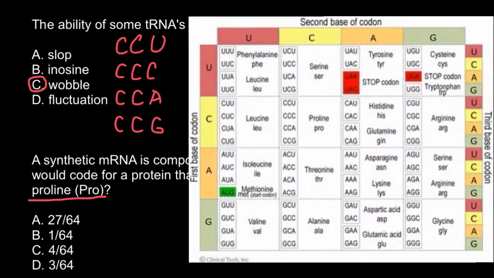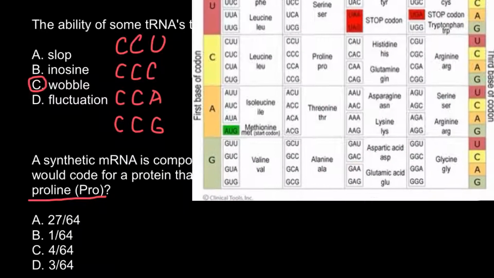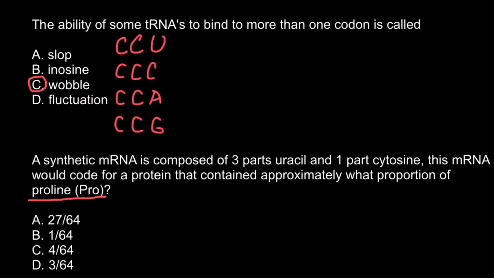So we don't need this table anymore, and we can now work with the information that we got. According to our problem, we have only 2 kinds of bases: 3 parts uracil and 1 part cytosine. Let's return to these 4 codons.